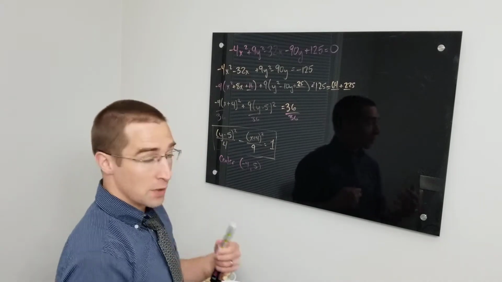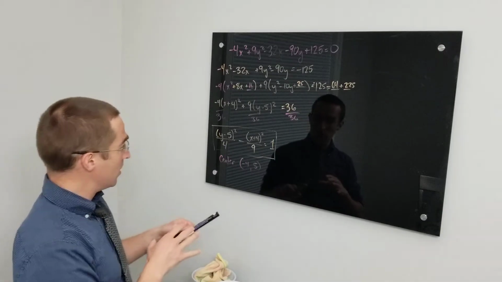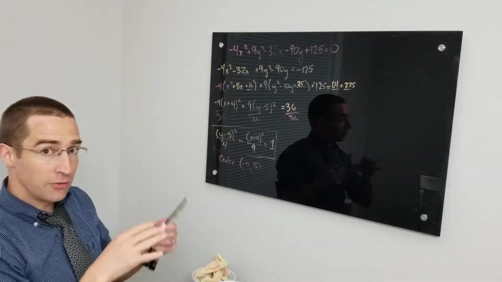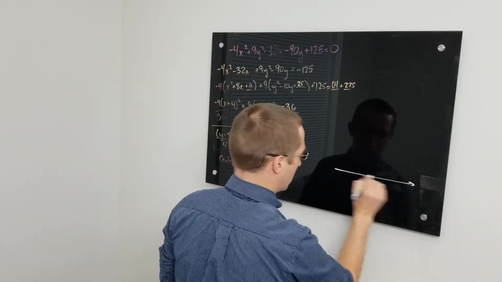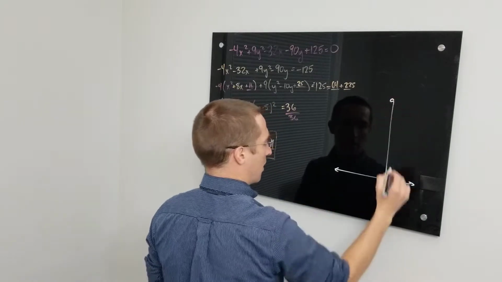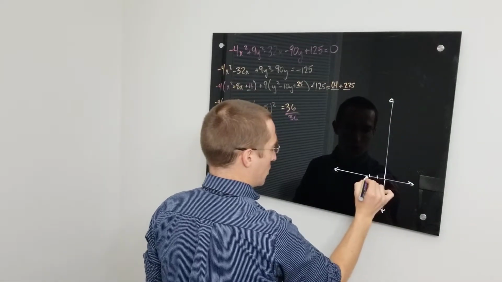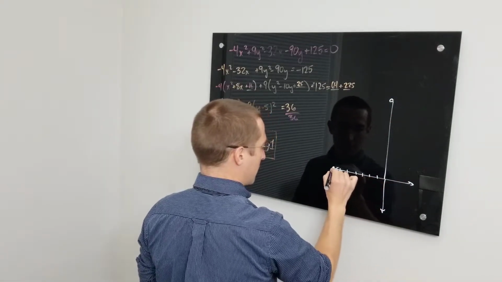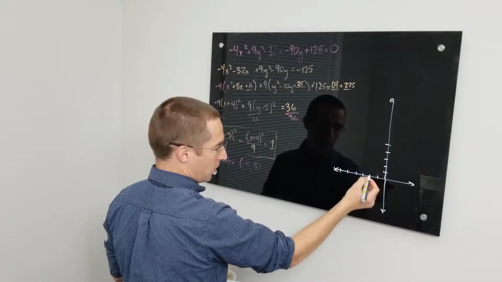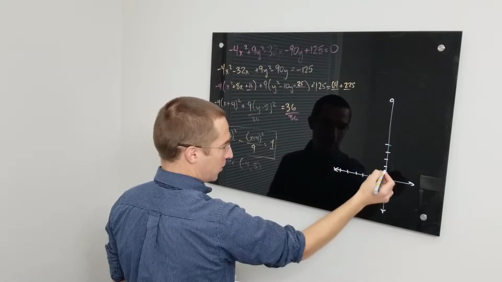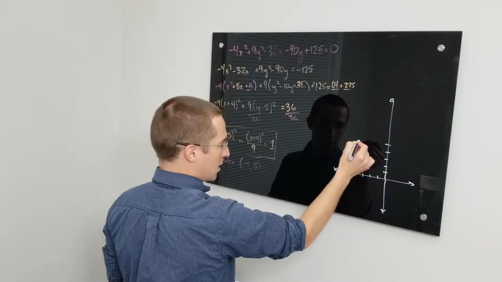When I'm doing my graph, I want to make sure that negative 4, 5 shows up. So 1, 2, 3, 4, 5, 6, 7, and 1, 2, 3, 4, 5. Negative 4, comma 5 is about right there.